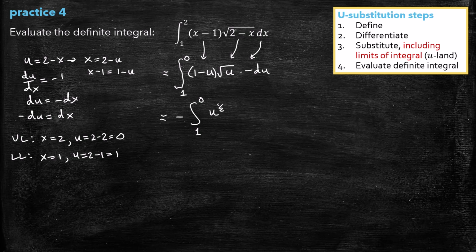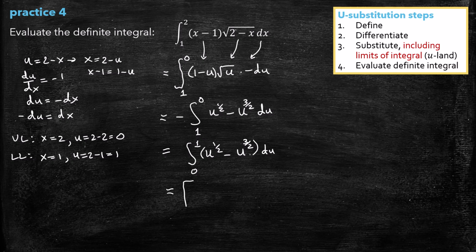So we would get u to the half minus u times u to the half, which would be u to the 3/2, du. I hope you realize, by the property of integrals, that if we're not used to going from 1 to 0, a higher number to a lower number, we can flip this and make this 0 to 1. That would remove the negative: u to the half minus u to the 3/2 du. Technically, you could put parentheses there if that helps.